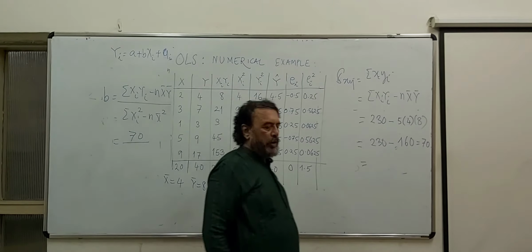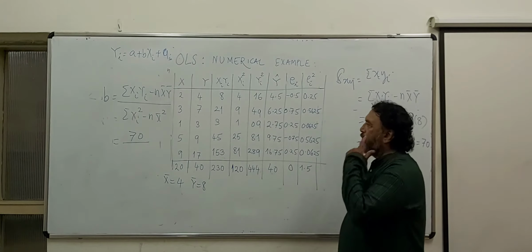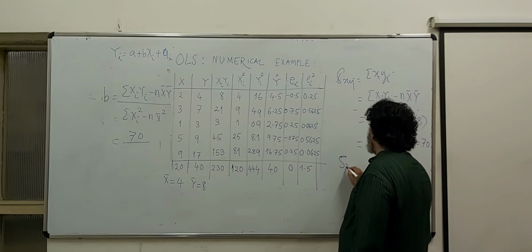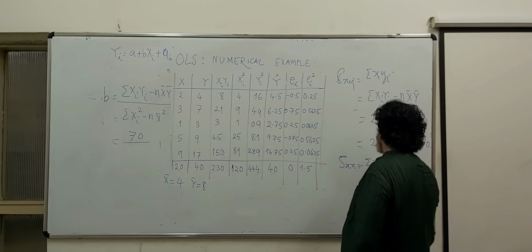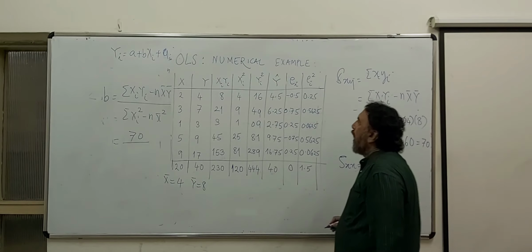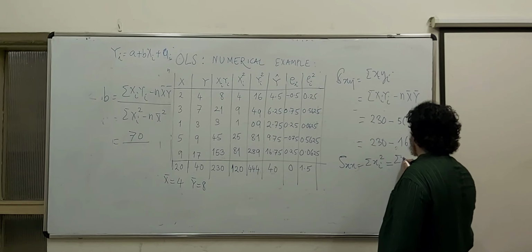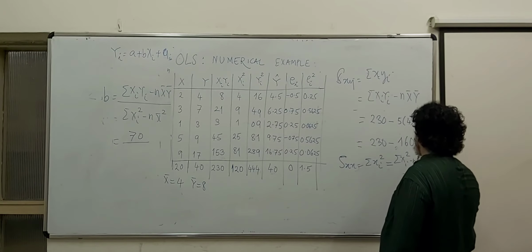Now similarly, we would be required to compute the variation of x, or S of xx, alternatively summation small xi square, and that would be equal to summation xi square minus n times x bar square.